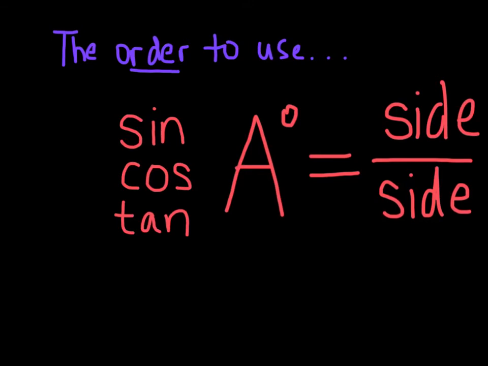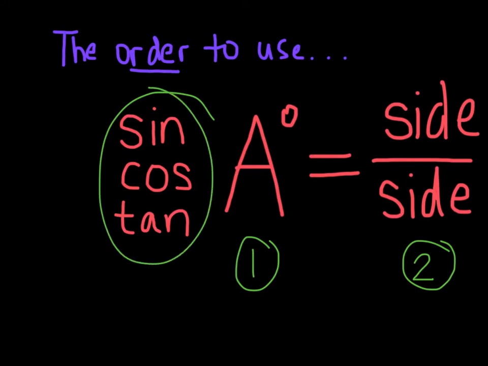But that's not the order you think about it in. First pick the angle you're working with, then pick the two sides according to that angle, whether they're opposite, adjacent, or hypotenuse. Once you know those two, then you pick sine, cosine, or tangent. That's the third thing you do.